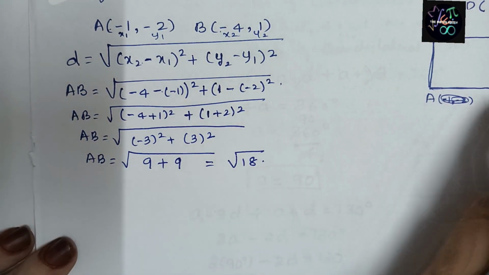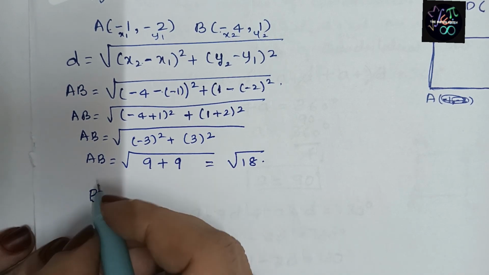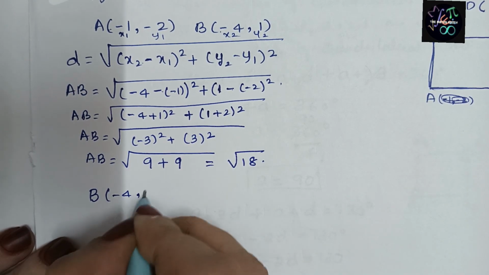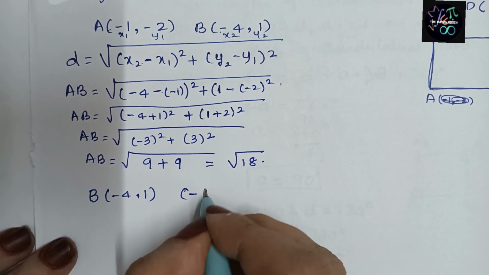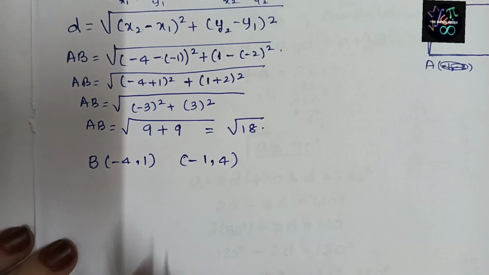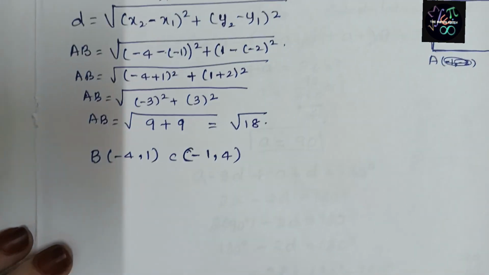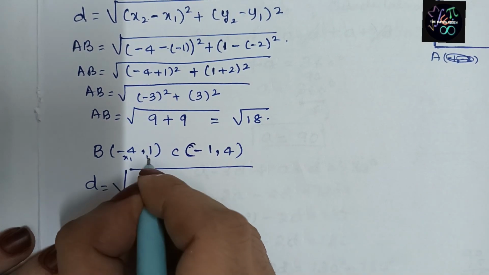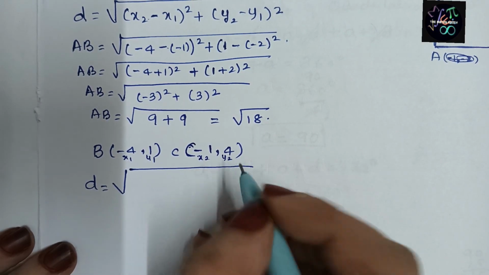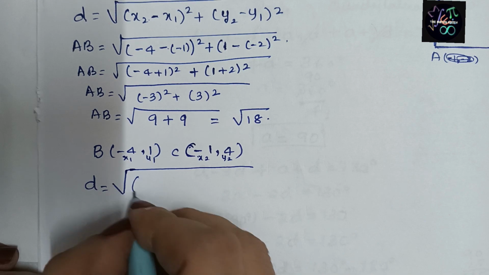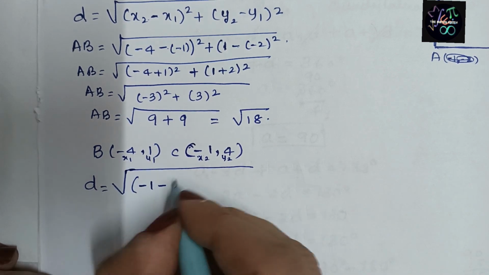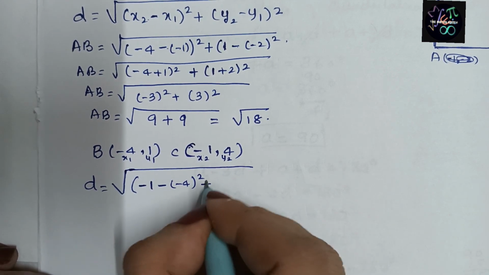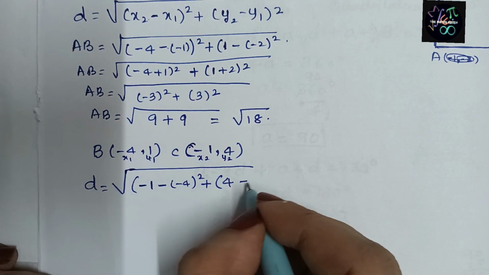Let us see the next side, BC. B point is (-4, 1) and C point is (-1, 4). Now the distance formula we know: this is x1, this is y1, and this is x2, this is y2. I know the formula, so I will write (x2 minus x1) whole square plus (y2 minus y1) whole square.